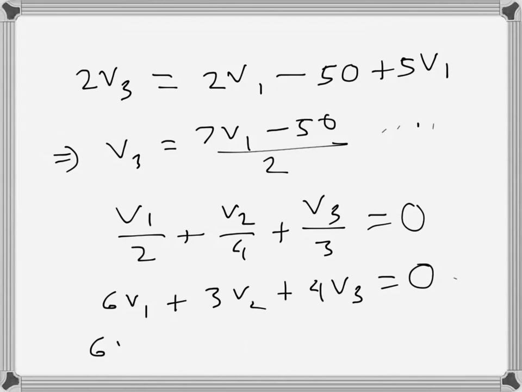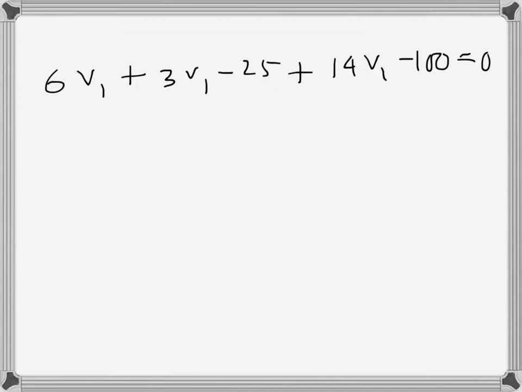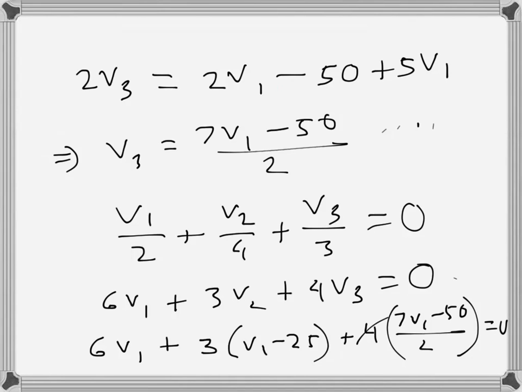Now this one can be written as 3 times V1 minus 25, and this is plus 4 times 7V1 minus 50 over 2, so that's 0. So 6V1 plus 3V1 minus 25 plus 14V1 minus 100, because this is getting 2 there.